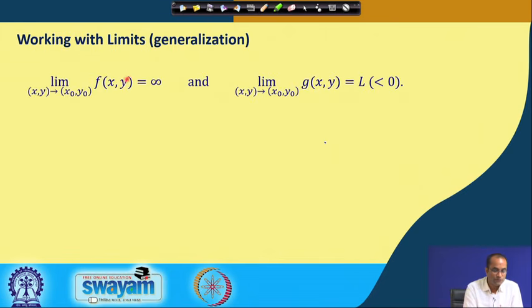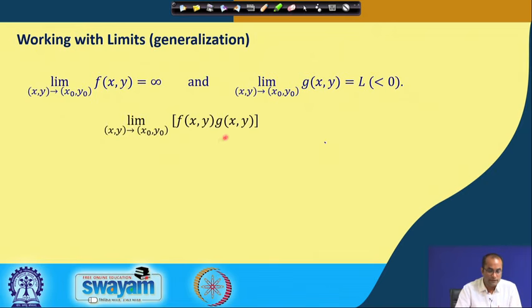Some more: here we have f(x, y) approaching infinity and g(x, y) approaching L, which is a negative number. In that case, since f(x, y) is approaching infinity, the product will go to infinity, but because of this negative L, it will approach minus infinity.